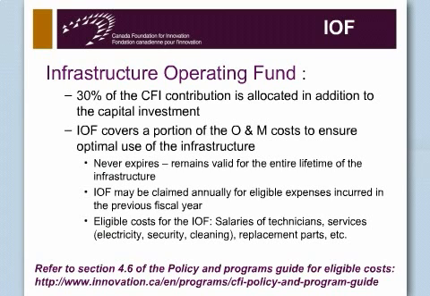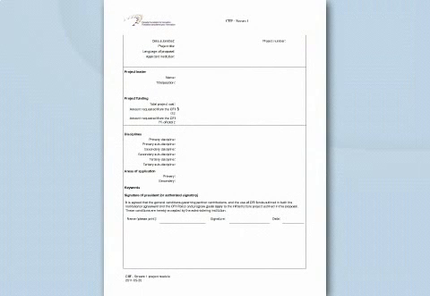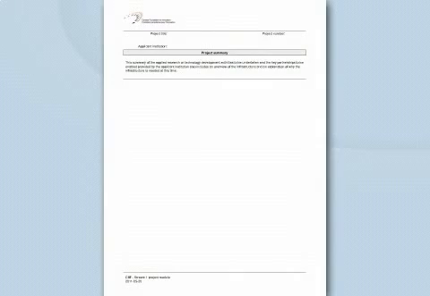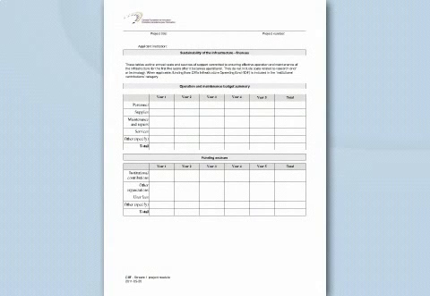Then you can start claiming your infrastructure operating fund. But I just mention it here because you will have to keep this in mind when you prepare your budget in the sustainability section of the application, which is here.